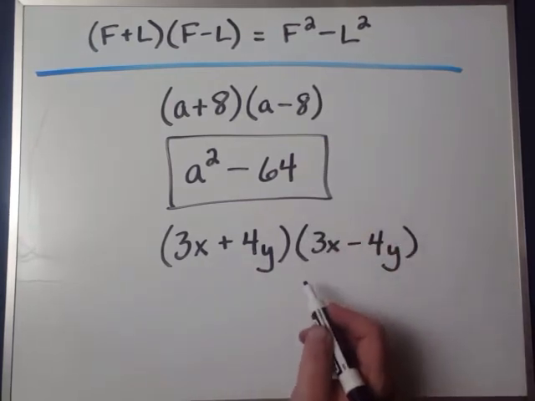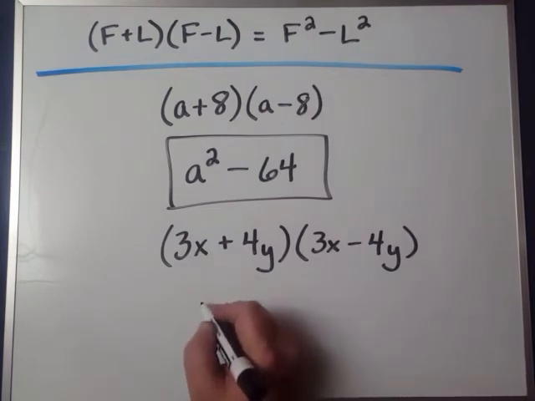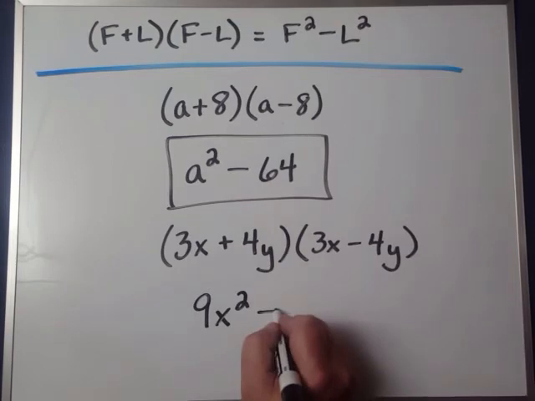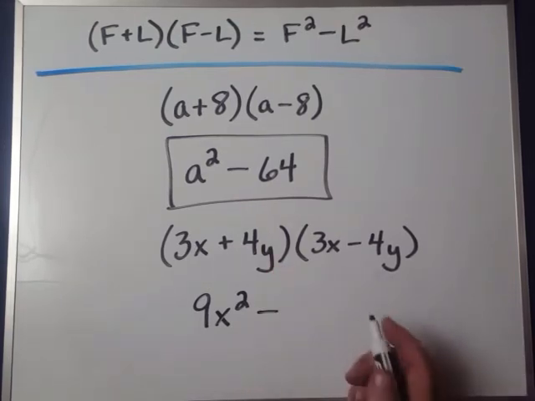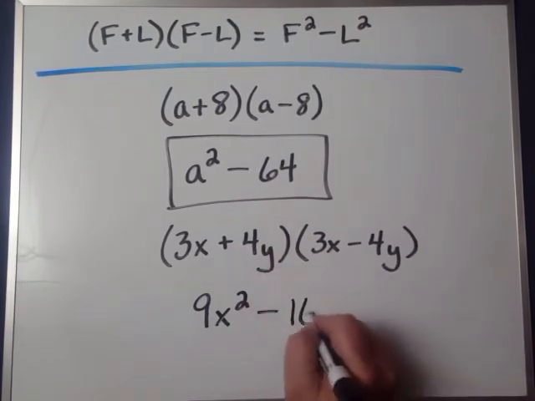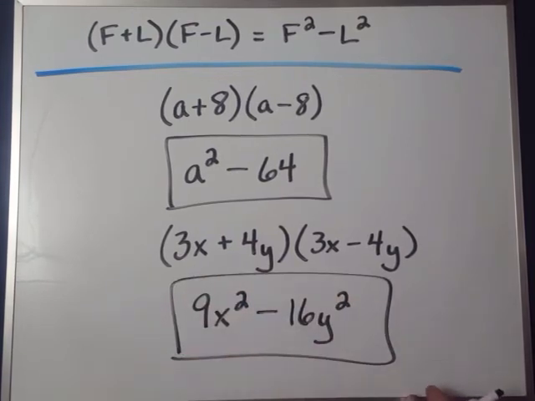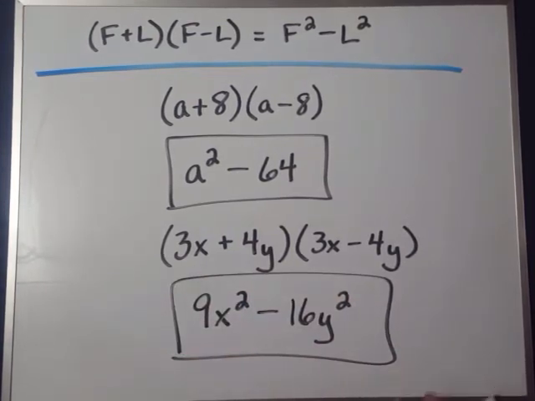My rule says that this will give me the first squared. You square 3x, you get 9x squared, always minus the last squared. You square 4y, you get 16y squared. Done. So easy, if I know the pattern.